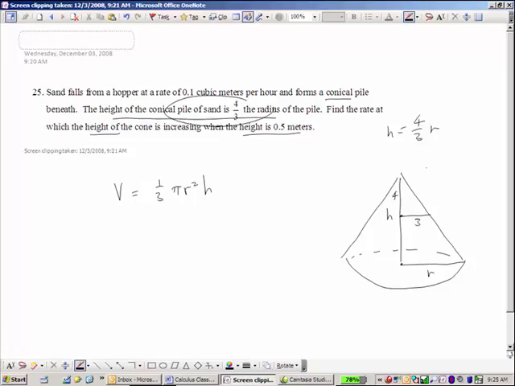If you know that this piece is 4 when this piece is 3, that actually sets up a ratio from geometry, and these are similar triangles. Do you see the big triangle and the little triangle? Since they're both right triangles and they both share this vertex angle, do you remember the theorem that we used to prove these similar?